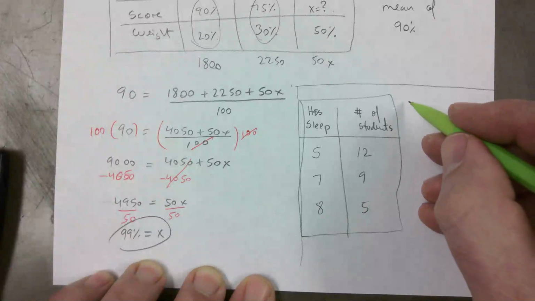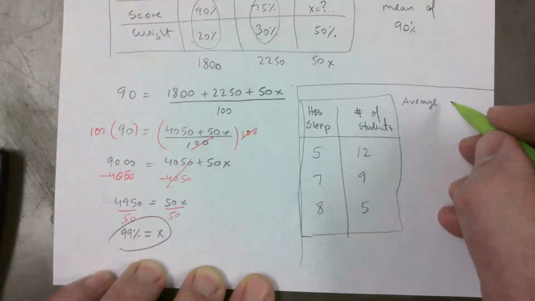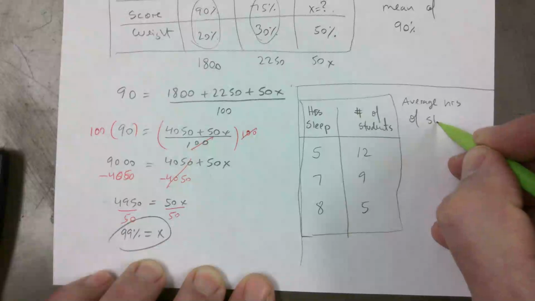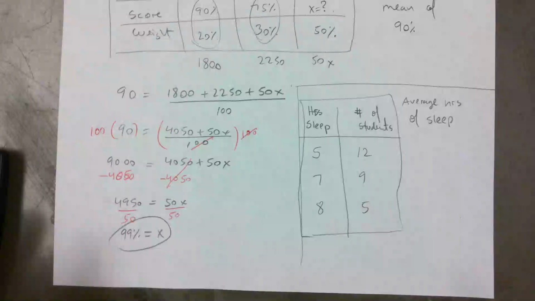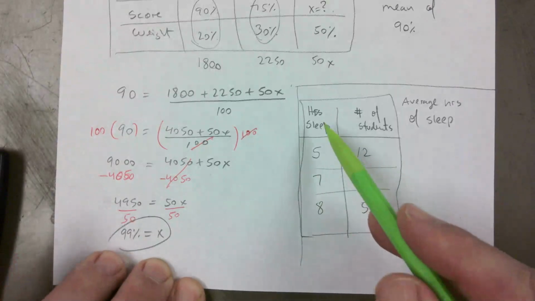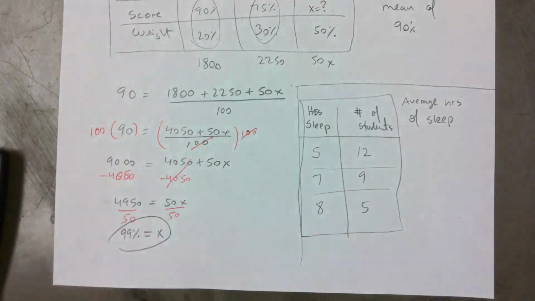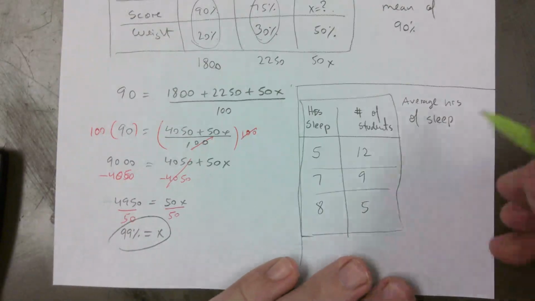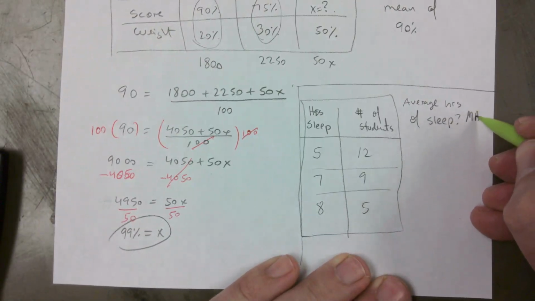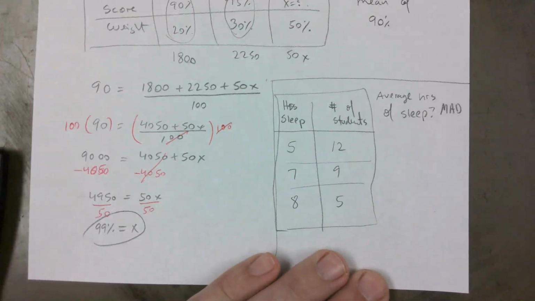And you're asked to find the average hours of sleep. That's what this question is asking you for. So right away, you're like, okay, there's 2 different categories, 2 different columns, and it's asking for average. So you do the same as before. You will use the steps for MAD.